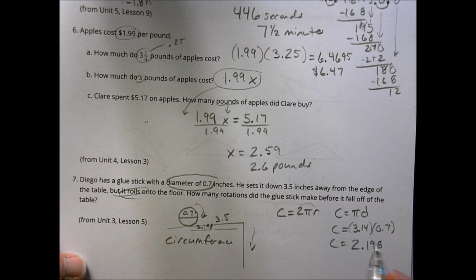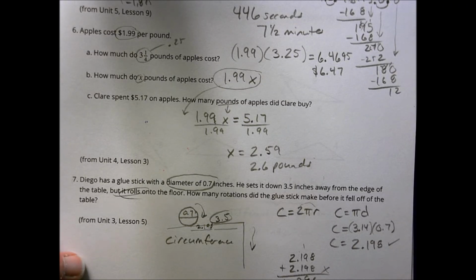Now, I know that's going to fit in the 3.5. But what if I did another 2.198? I get 18, 19, carry the 1, 3, I'm at 4.396. I only have 3.5 inches. I'm going to fall off, so I'm not going to make 2 rotations. I can definitely make 1. I cannot make 2 rotations before running out of space.